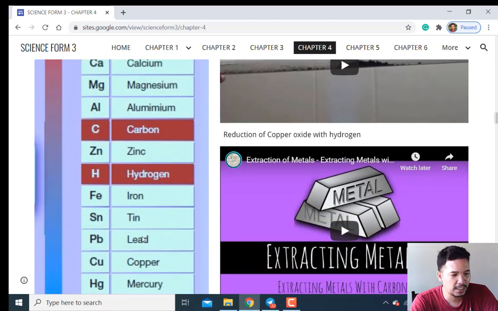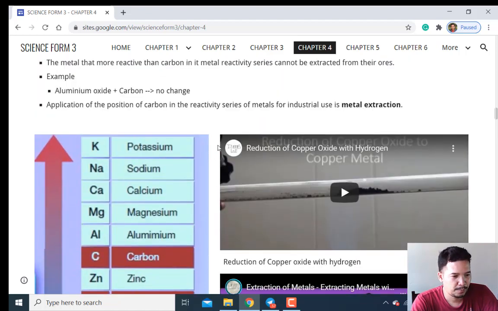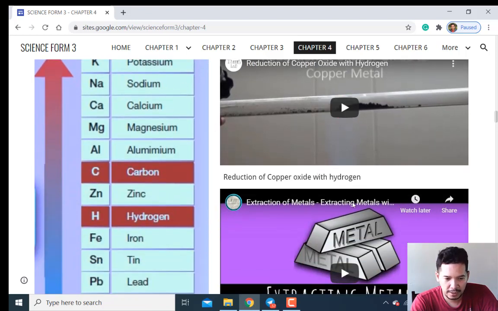But for zinc, iron, tin, lead, copper, we can have the extraction of metal by using this process. Another example is reduction of copper oxide by hydrogen later. This one is extraction of metals.